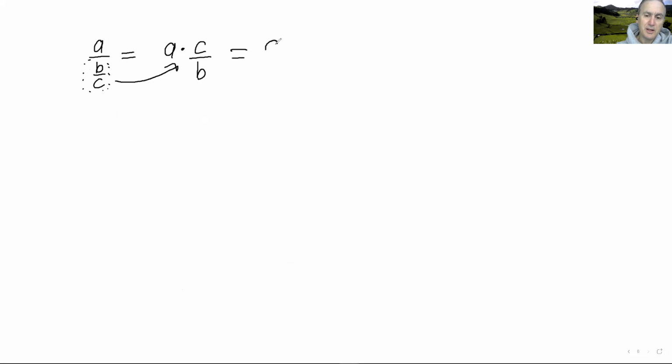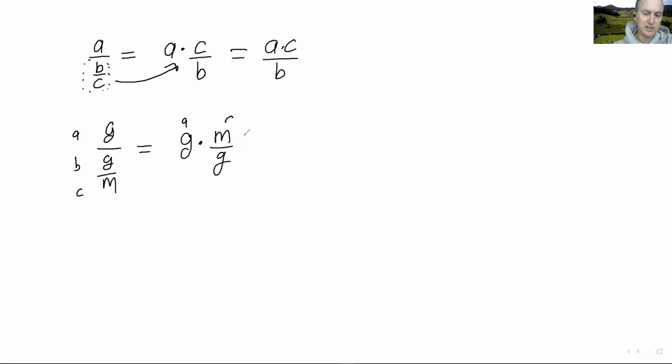So this then equals A times C divided by B. That's just how rational expressions work, right? And so what's going on with the units, where we have grams over grams per mole, is units are working sort of like these things, and this becomes grams times moles over gram, right? See here, this would be B, this would be C, and this would be A, and so here's A, and here's C, and here's B, right? And then these two things are just going to cancel, and we're left with moles, right? So that's what's going on there.